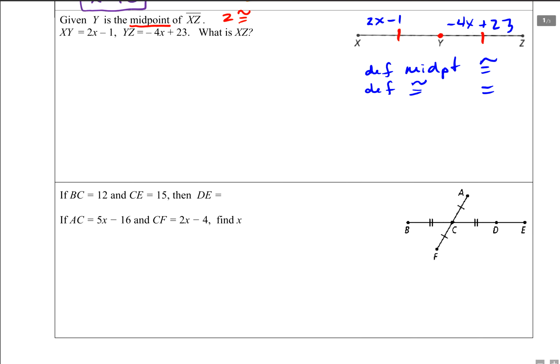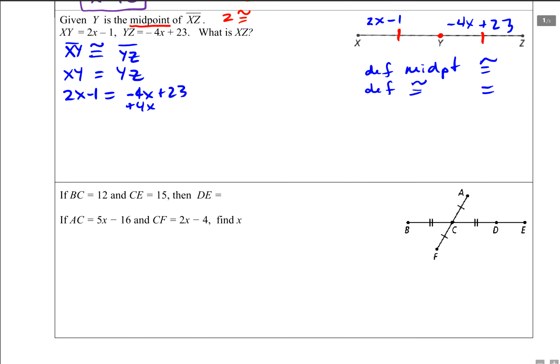I know that the length of segment XY is congruent to segment YZ. Therefore, the length of XY equals the length of YZ. Therefore, 2x minus 1 equals minus 4x plus 23.